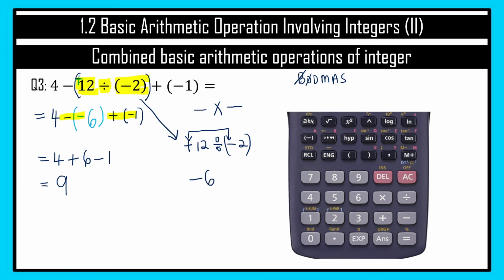Now you see that outside next to the bracket there is an operation which is divide. Alright, divide. So even if this bracket is multiply, it will be divide multiply negative, which makes no sense.